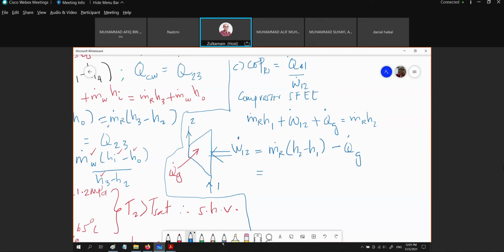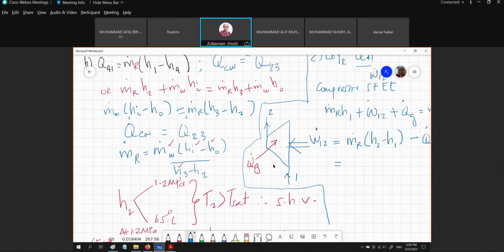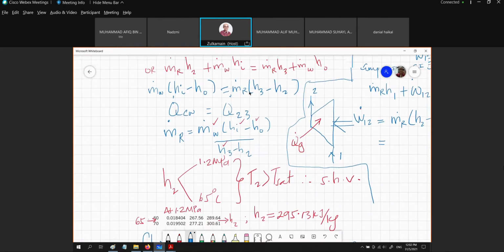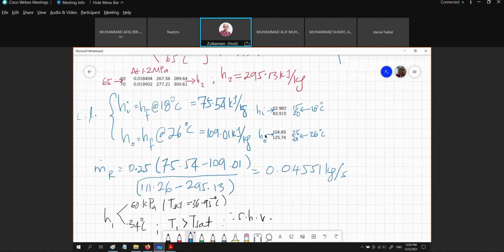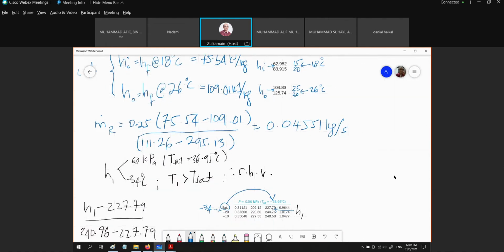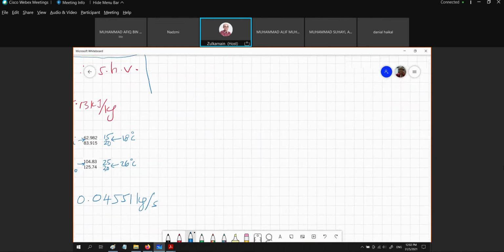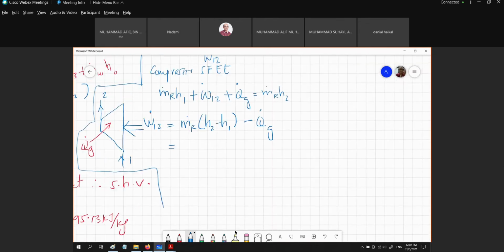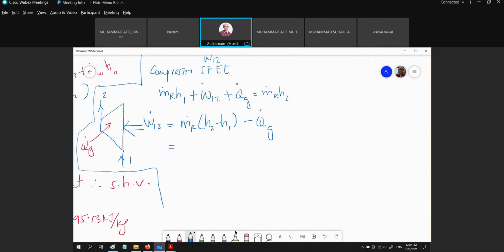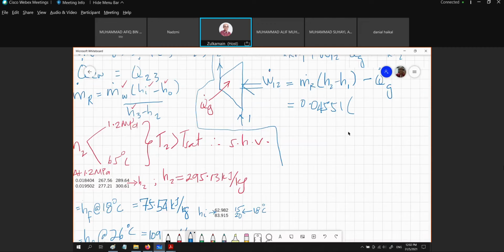What is the M dot R? The M dot R just now we got how much? We got the M dot R as 0.04551. H2, we have the H2.